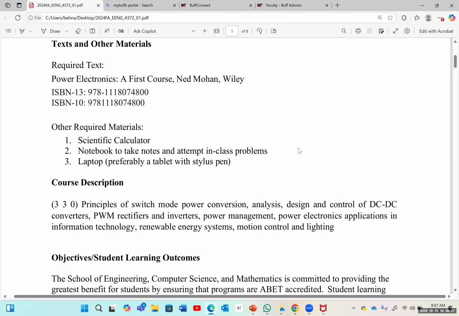Also renewable energy systems, a little bit about microcontrollers, power management, pulse width modulation, which is a very important topic, rectifiers and inverters, and the applications of power electronics.